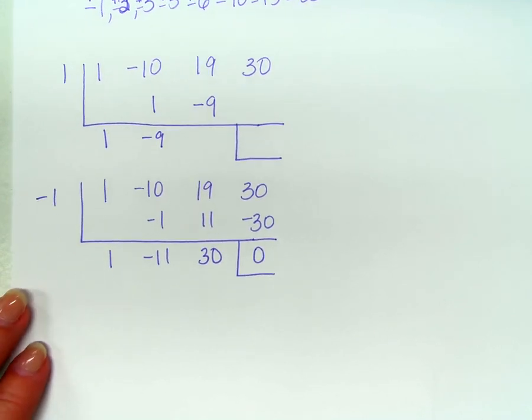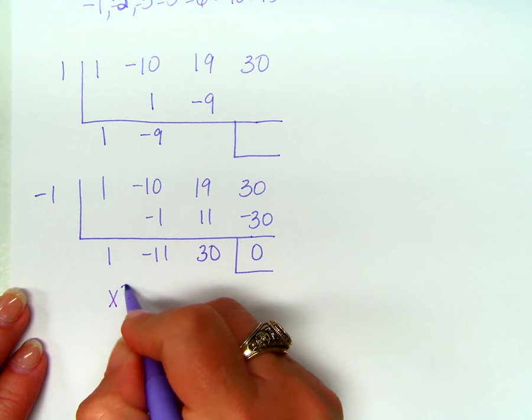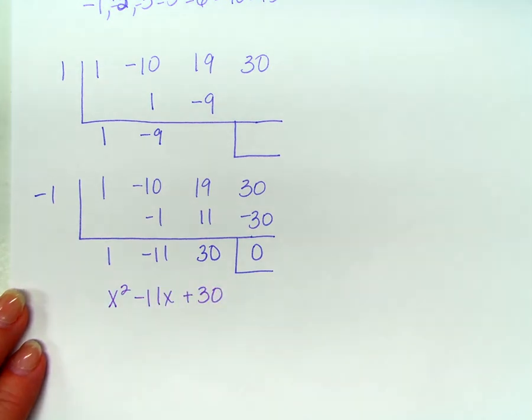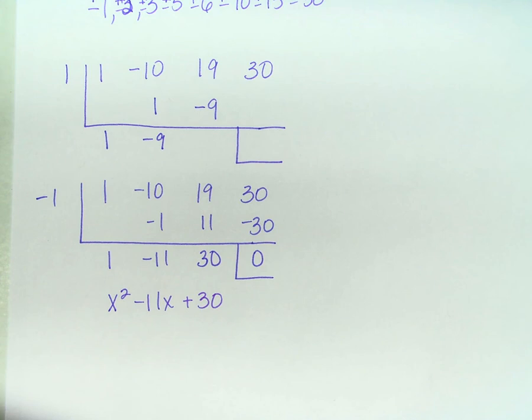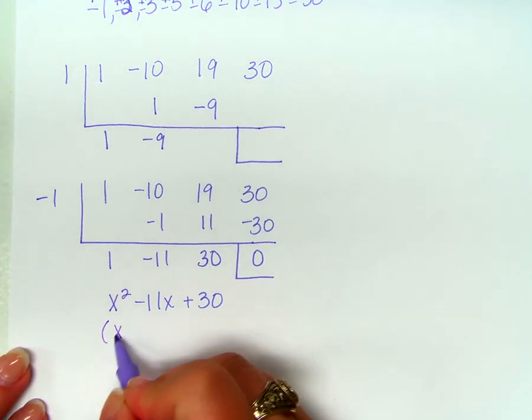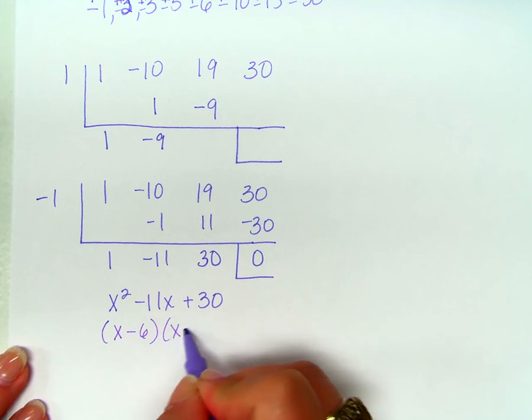Is that okay? So x squared minus 11x plus 30. Is that something you know how to factor? Yes. What multiplies to be 30 and adds to be -11? -6 and -5. Good job.